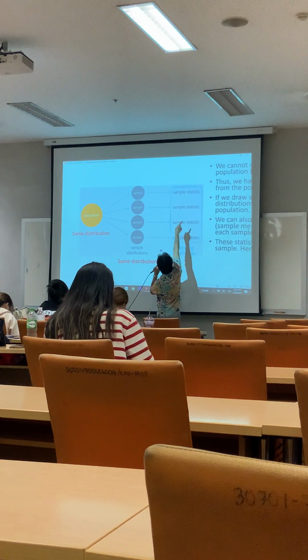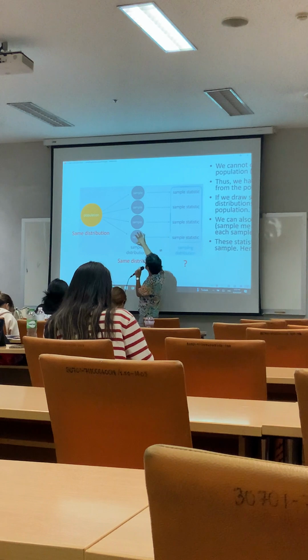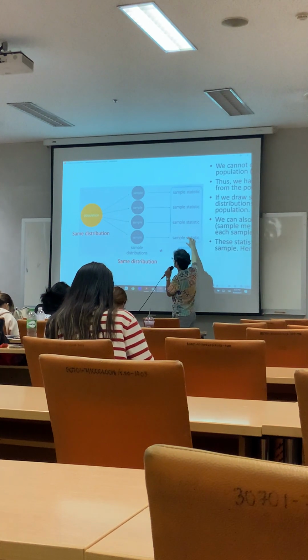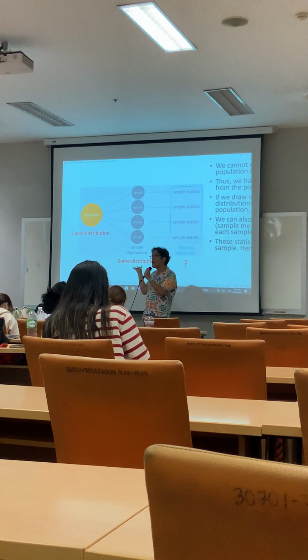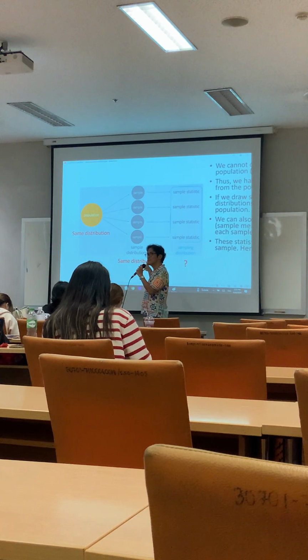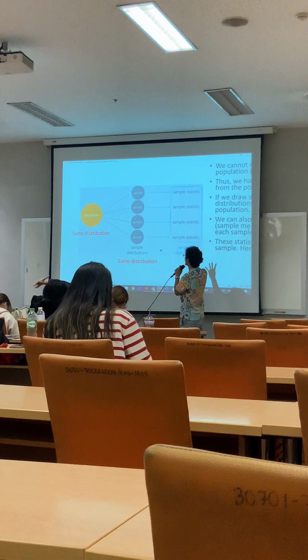What I write down here is a sample statistic. It means that we use data in the sample to calculate some statistic, for example the sample mean. If I draw 4 samples and calculate, I'm gonna have 4 sample means.